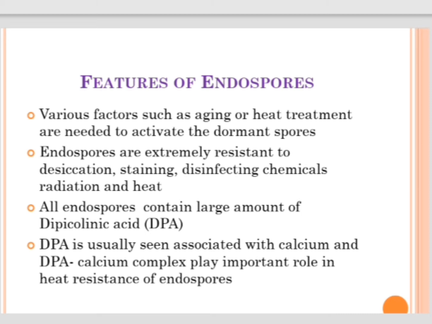We know that Clostridium is a thermophilic bacterium, and its spores can resist high temperature. Even boiling at 80 degrees Celsius for 20 minutes will not kill Clostridial spores. That much heat resistance is given by the presence of this dipicolinic acid-calcium complex.